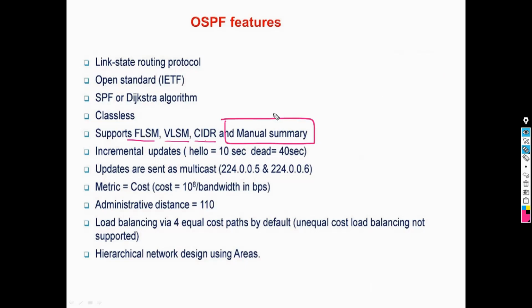If you remember the summarization concept, RIP and EIGRP do auto summarization, but in OSPF you need manual summarization. Right? Yes. Yes, I remember. Okay, let's talk about other points.